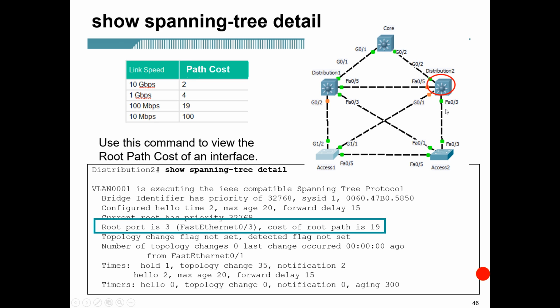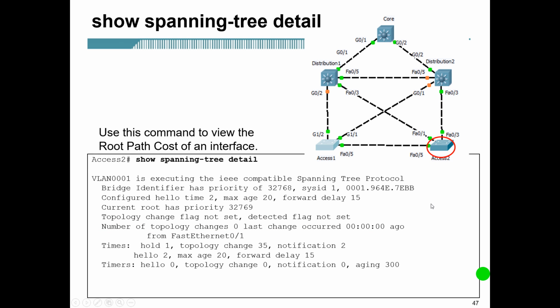Okay, that's the forward-facing port to our root bridge. It will have a path cost of 19 because, again, it's 100 megabit. So you look at show spanning-tree detail to see what information is there: the priorities, the root bridge, the flags, the timers, and all of that.